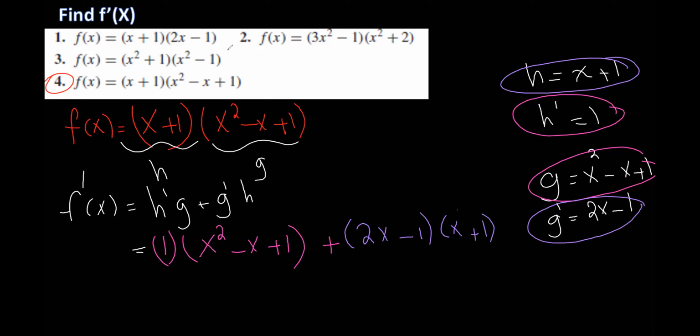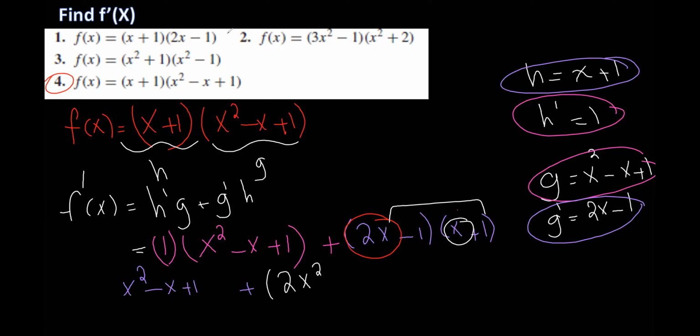Then, let's now simplify it. x squared minus x plus 1, keep it as x squared minus x plus 1, plus. Then I want you now to multiply these two functions with each other. Let's start with 2x now. 2x times x is 2x squared. Then 2x times positive 1 is 2x.